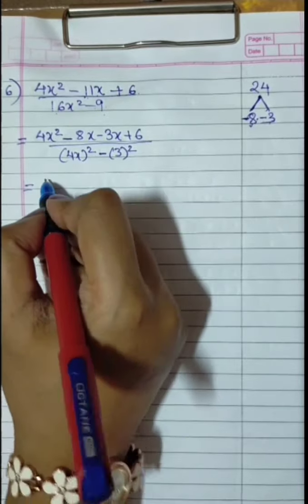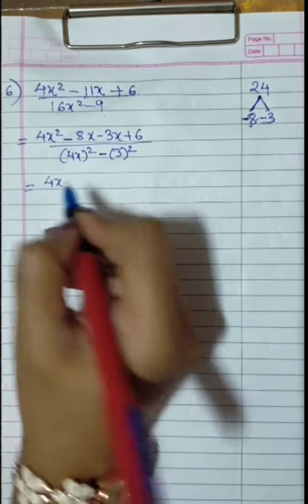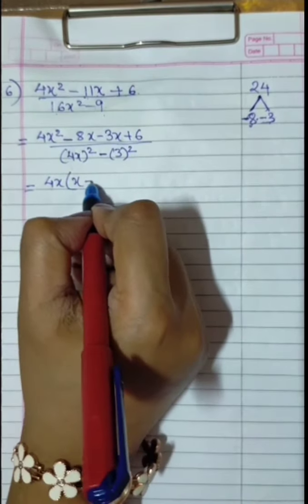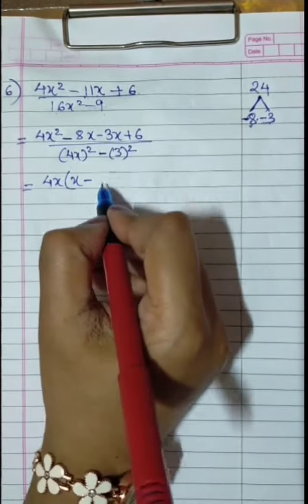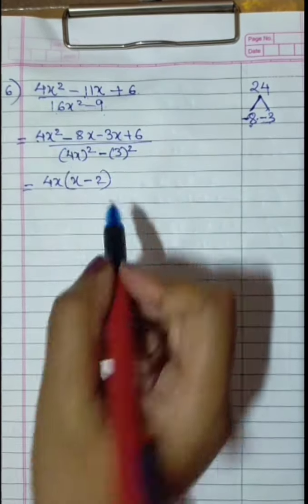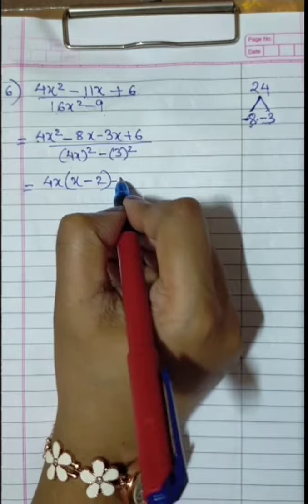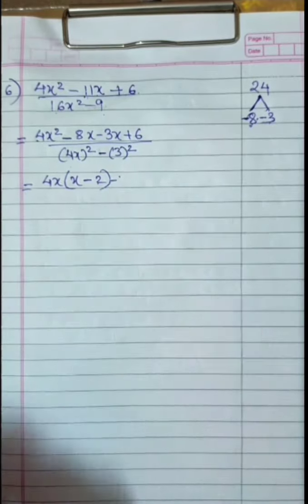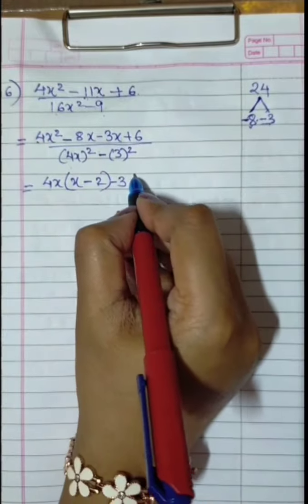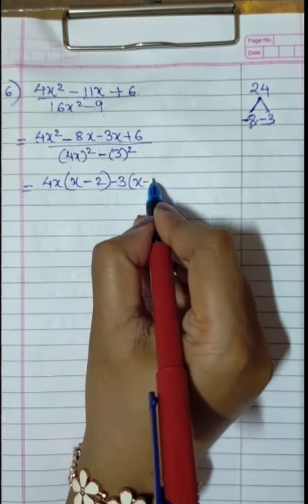Now next step is what? 4x we will take common, then x minus 2 we will take, because 4 2s are 8. Okay, then minus 3 we will take, again the same bracket will repeat, x minus 2.